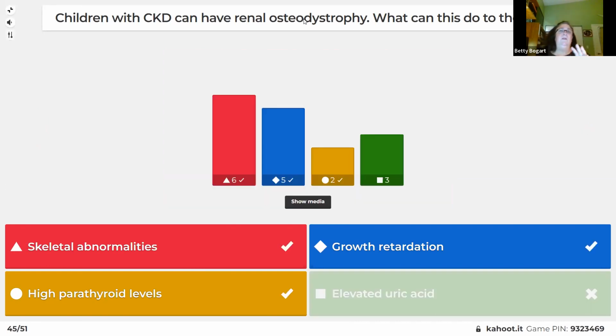So renal osteodystrophy is where the bones are not going to be growing the way they should. You see high parathyroid levels, which means too much calcium. Too much calcium can lead to those abnormalities and for their growth to be retarded. So there'll be shorter children also.